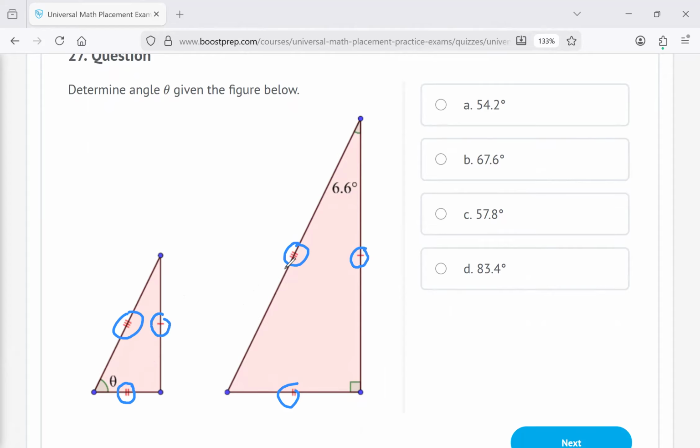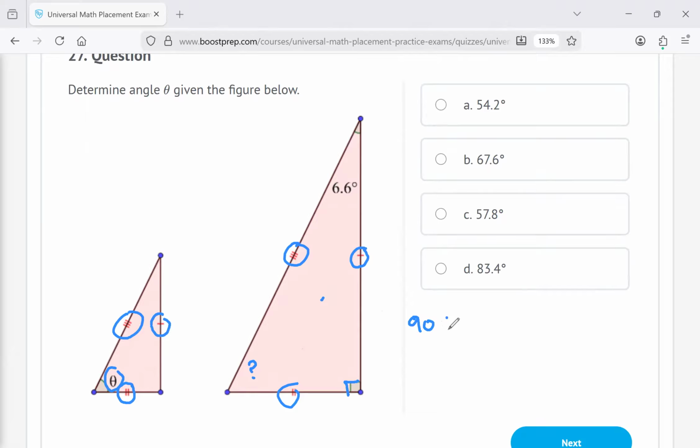In similar triangles, all angles are the same. So we're trying to figure out what this angle is. I could just figure out what this angle is, and that'll give us theta. In this triangle right here, they have 2 angles already given. You have a 90, you have a 6.6.